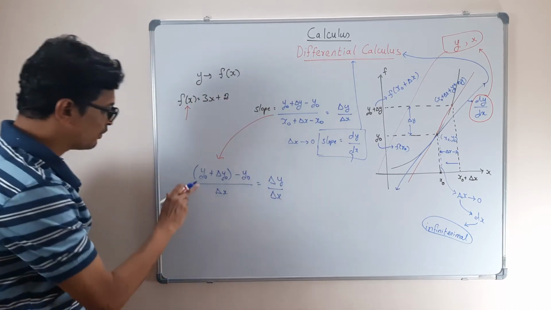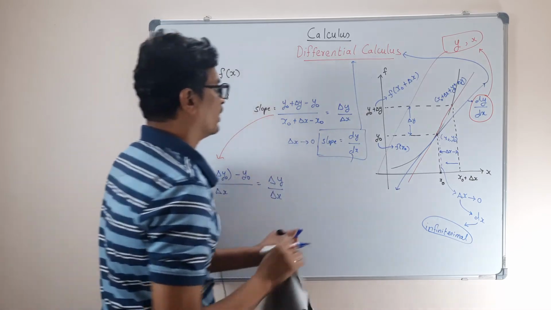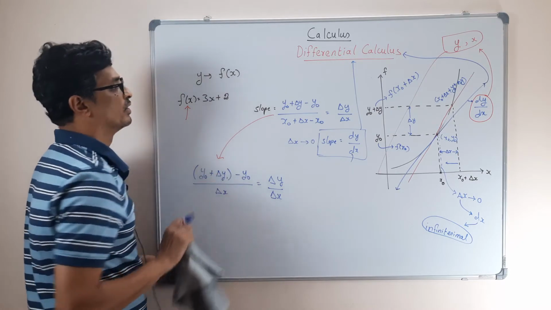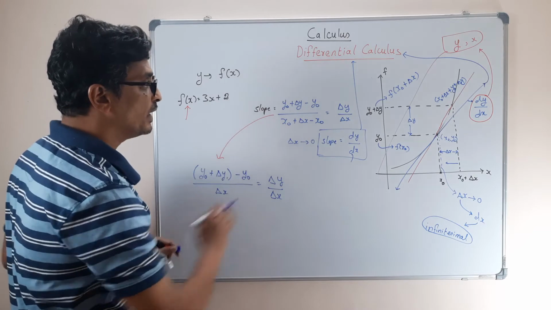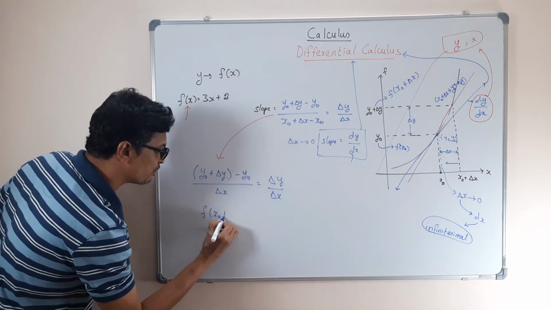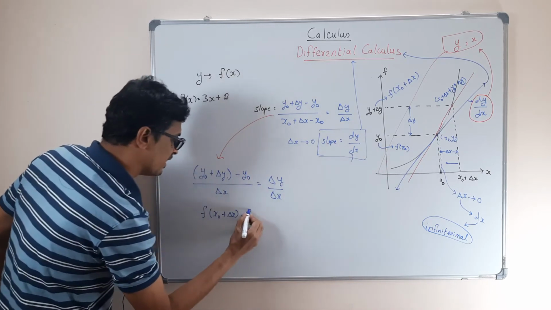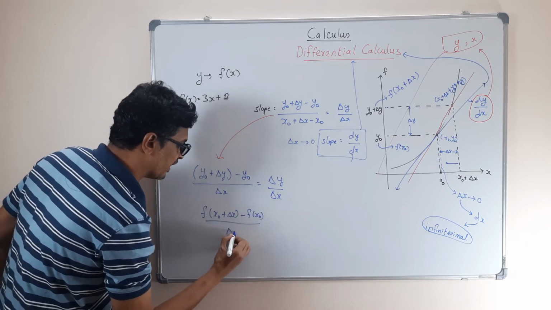Now what is y0 plus delta y? That is f of x0 plus delta x, minus y0, which is f of x0, divided by delta x.